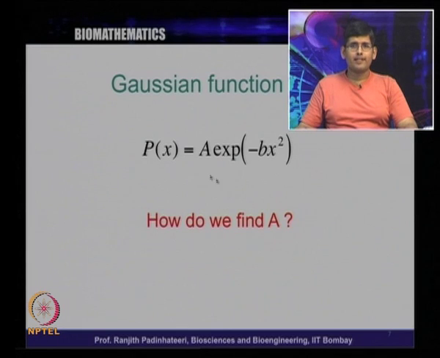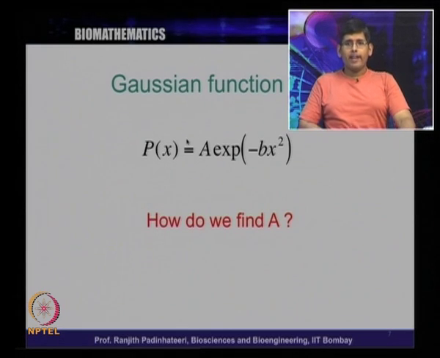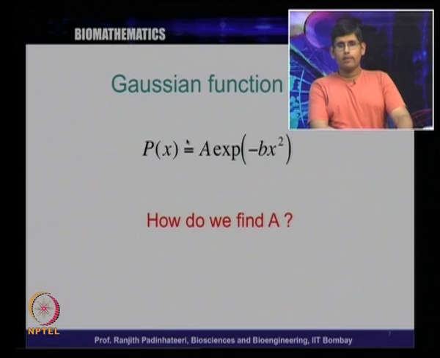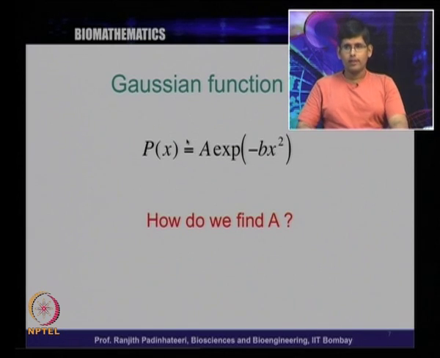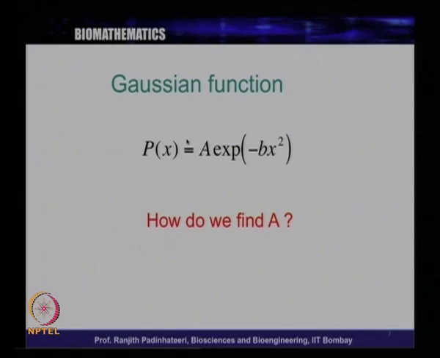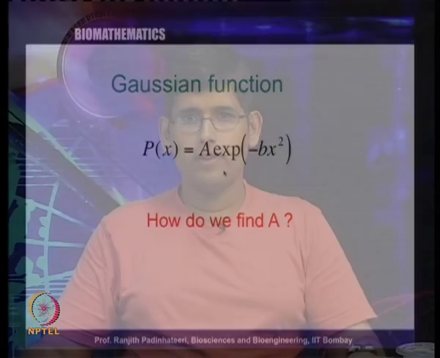Now, from this, how do we find a? That is the question. So, let us think a bit. This is probability distribution p of x. What does this mean? This means that the probability of having a value of x is this. So, what is the total probability?